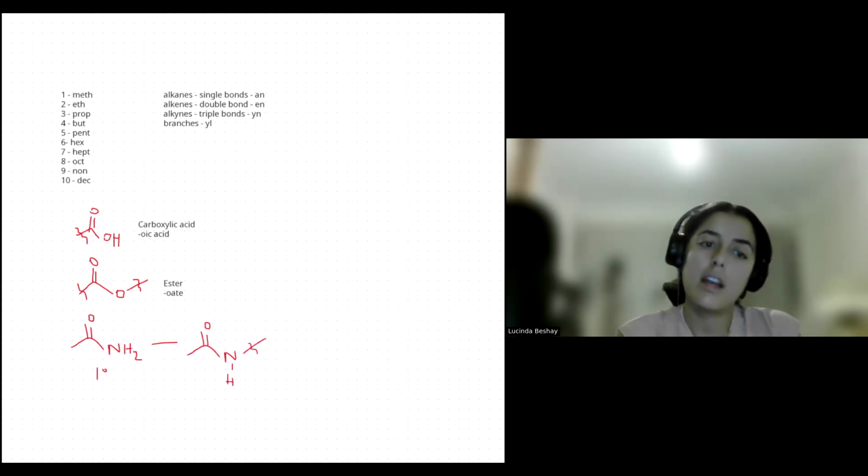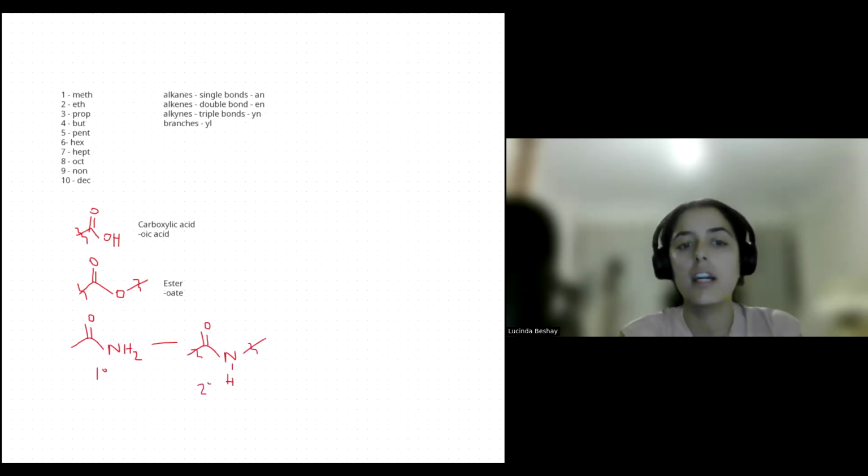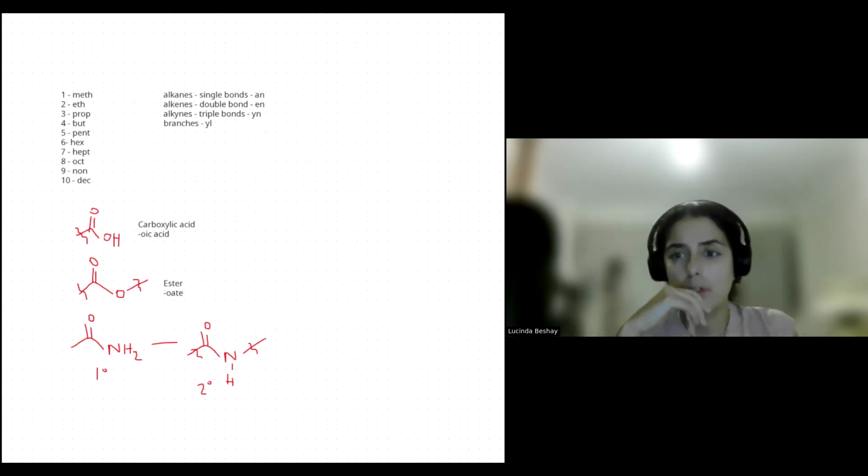That's a secondary amide. And a tertiary, obviously, we remove the third hydrogen and add another carbon. A lot of you, not most of you, asked me about this on the exam, so make sure you are aware of that.